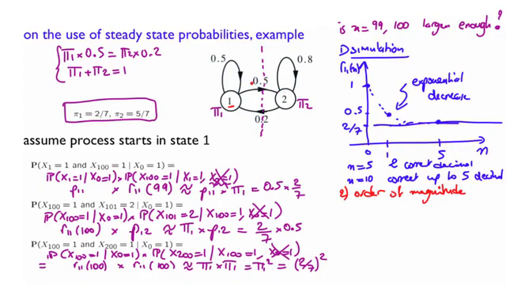And it is 1 over the probability here. So it takes on average 2 time steps to go from here to here. And to go from here to here, it takes on average 1 over 0.2, which is about 5 time steps. So as an order of magnitude, given you started here in state 1, after on average about 10 iterations, there will be some randomness. There is a high likelihood on average that you will go there and come here.